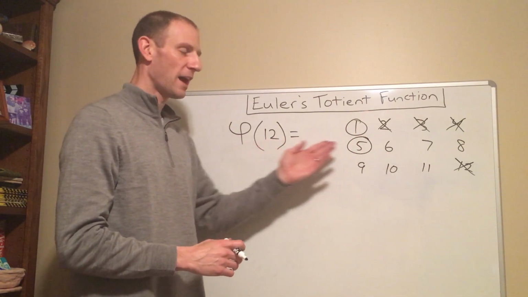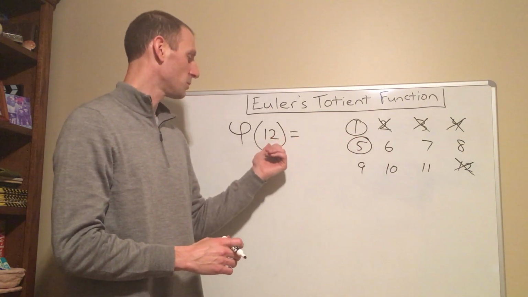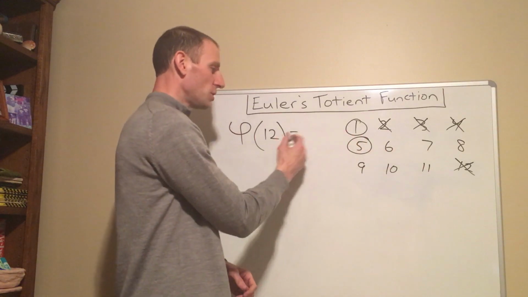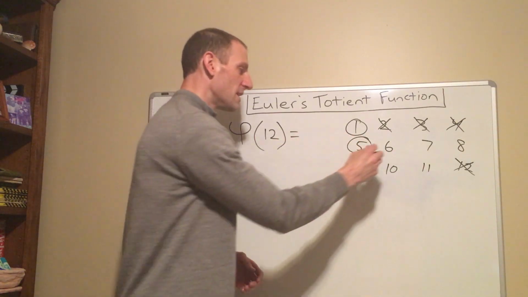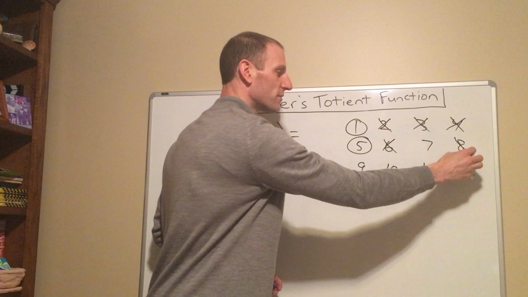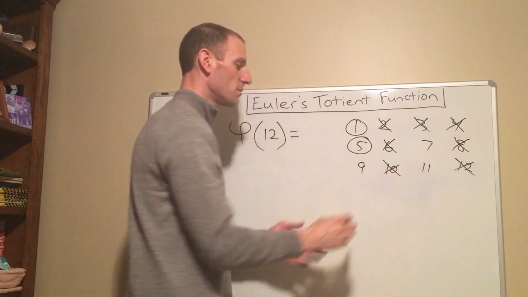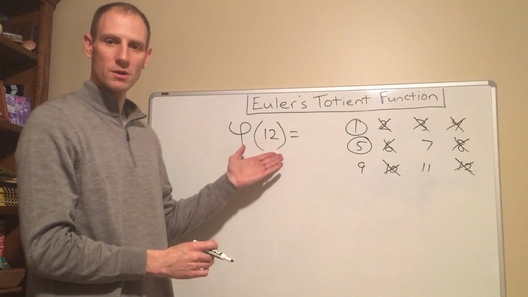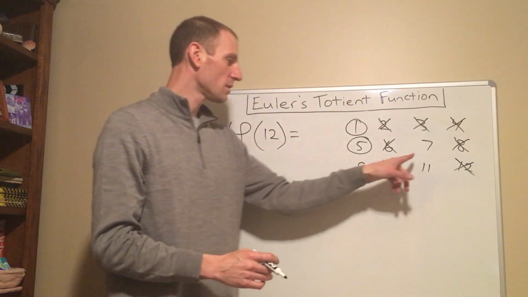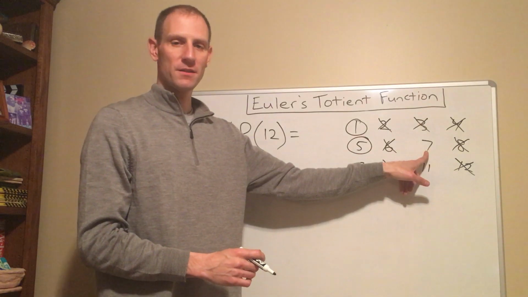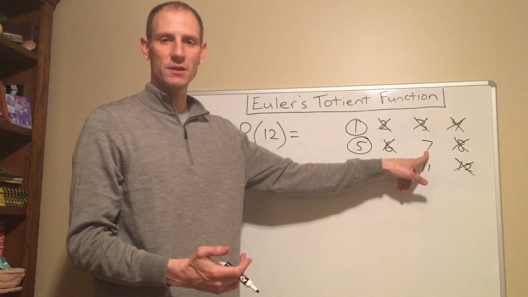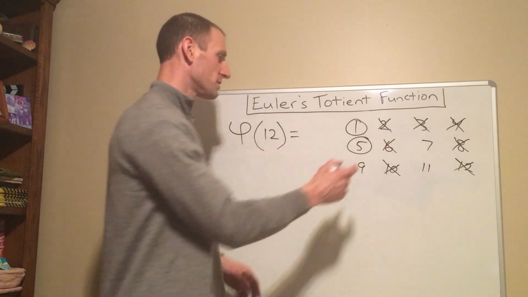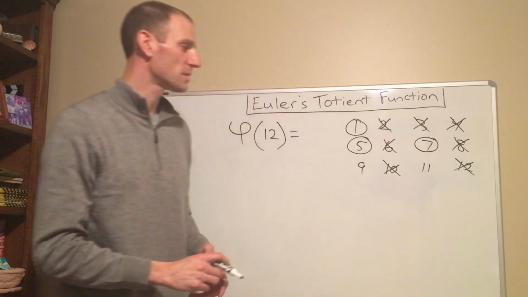6 has a factor of 6, which is also a factor of 12. In fact, 6 has a factor of 2, which is also a factor of 12. That tells us that I can cross off all even numbers because all those even numbers share the factor of 2 with 12. The number 7. 7's prime, so the only numbers that are factors of 7 are 1 and itself. 1 doesn't count, so I circle the 7.